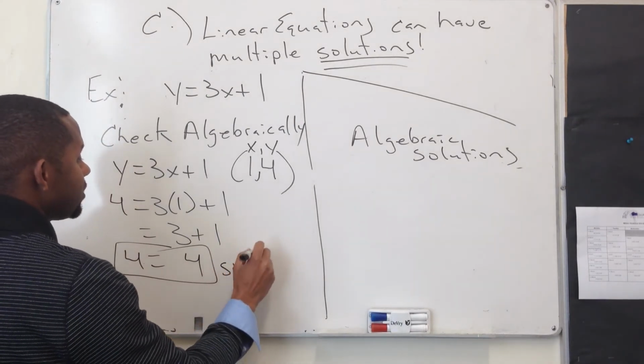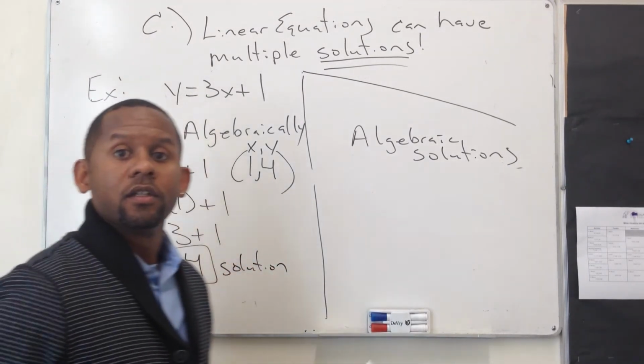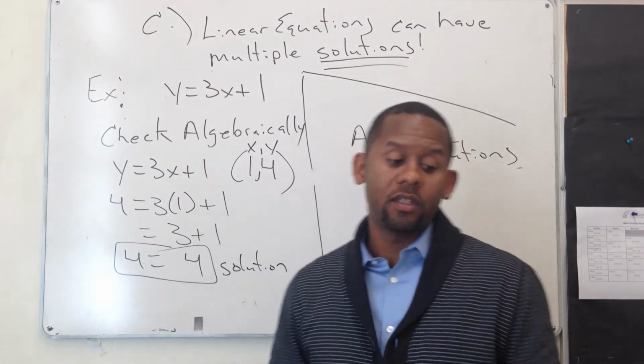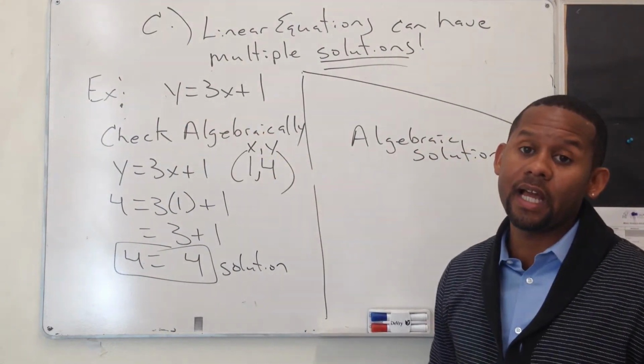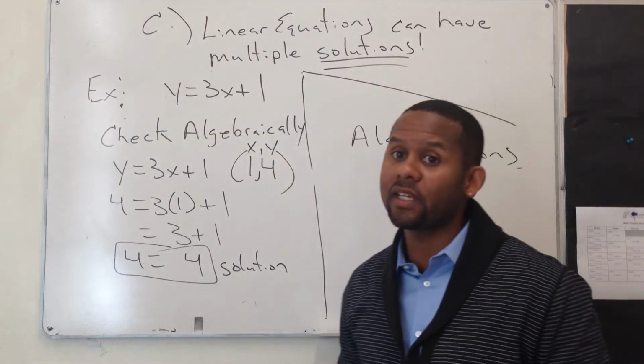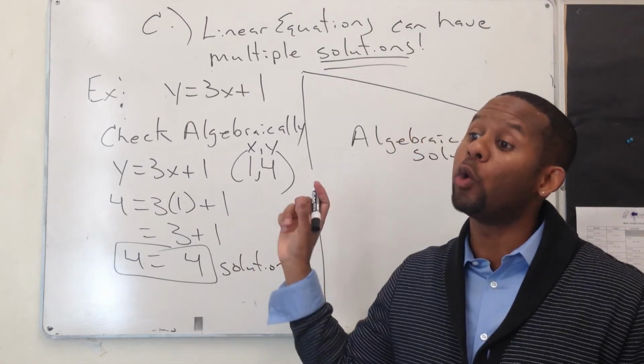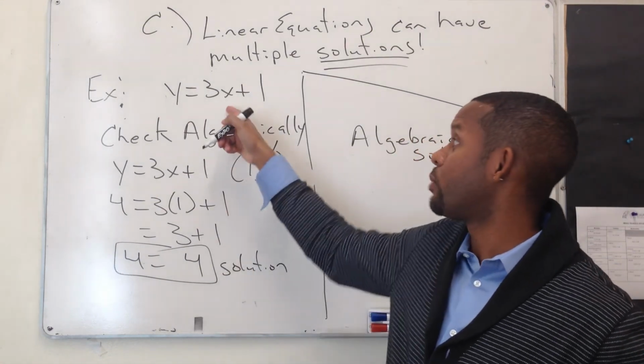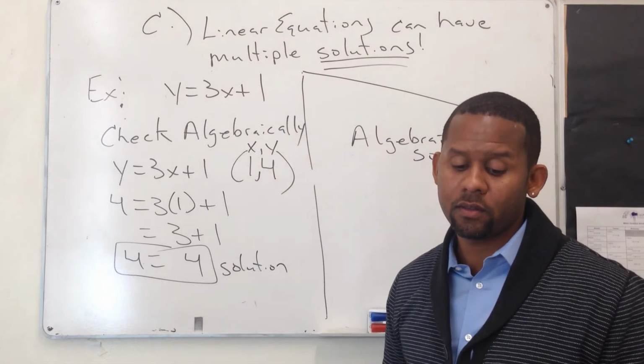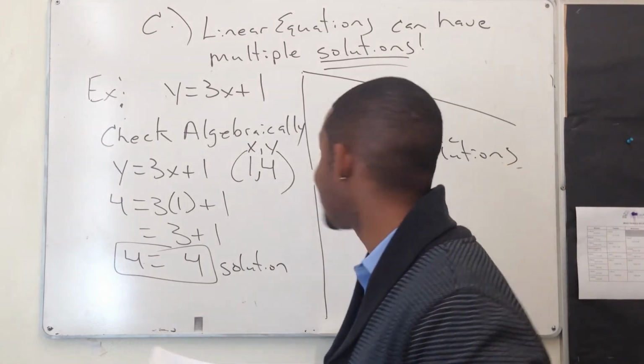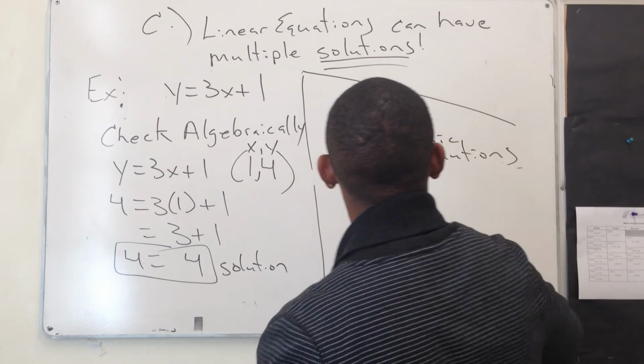This is a solution. So one meaning of the solution is a point that lands on the line. And I can check it by plugging in the ordered pair from that point algebraically into the equation. Last thing. We are almost done.